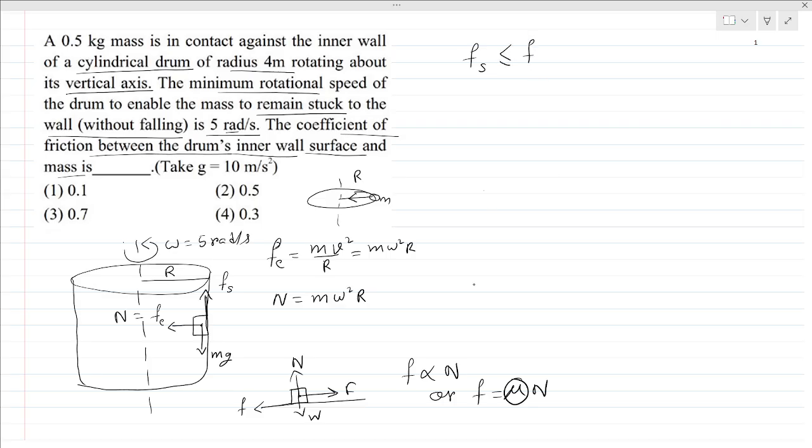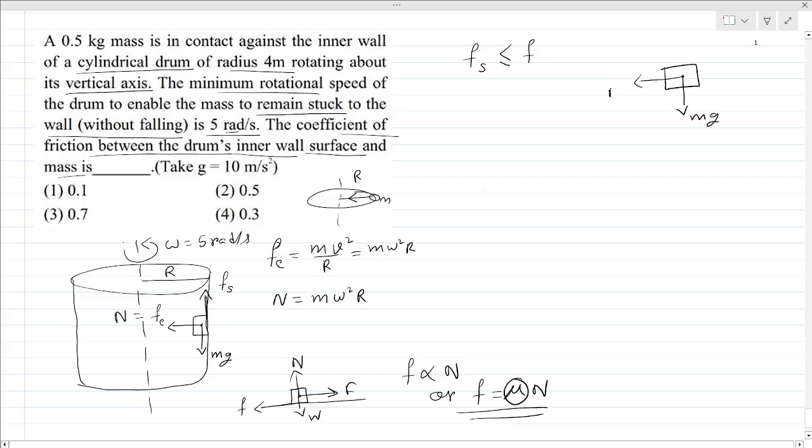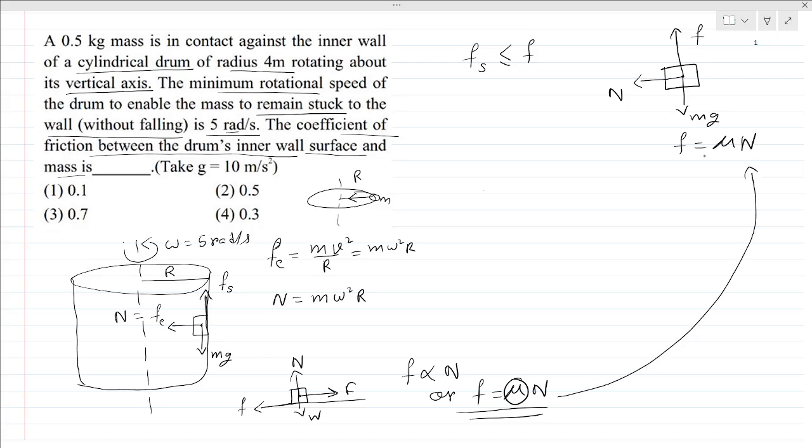Now this friction f is nothing but mu N. If I want to draw the free body diagram, this is the diagram for FBD, free body diagram. So this will be the normal reaction N, and here the direction of the friction, say f. So here friction f equals mu N, according to the frictional law.